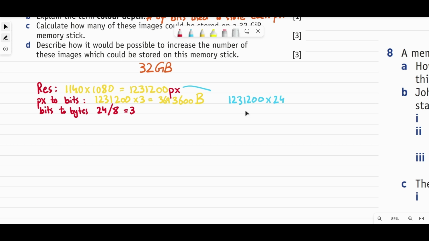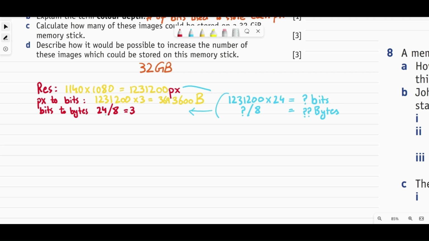Then in step 3, the answer in bits, divided by 8 to get the answer in bytes. So the same thing is being done here.